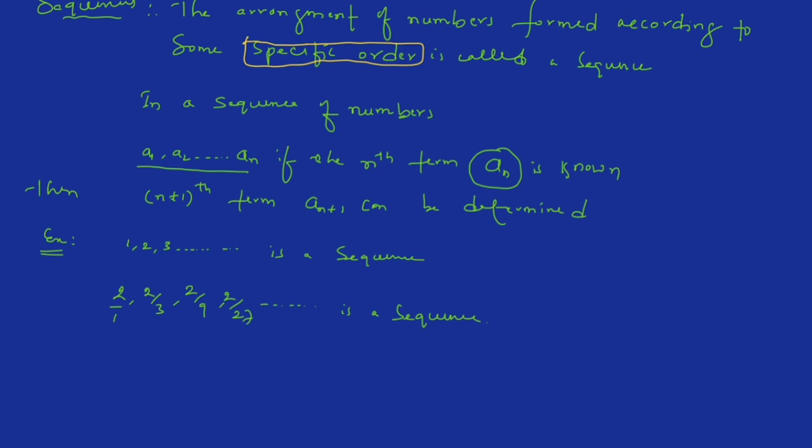So in other terms, a sequence can also be defined in another form. How do we define it? Let's see.